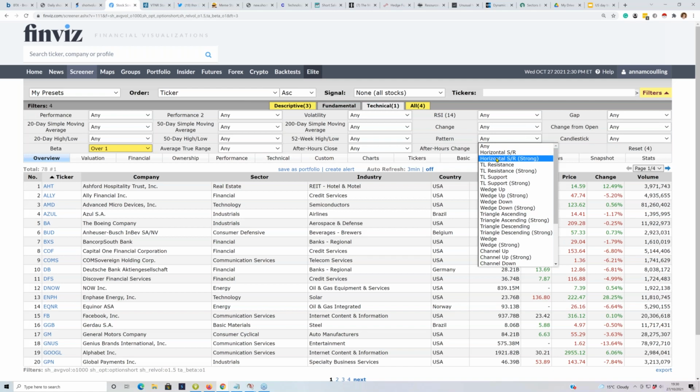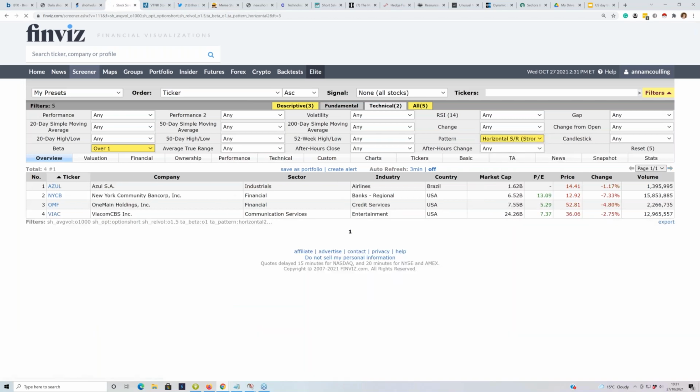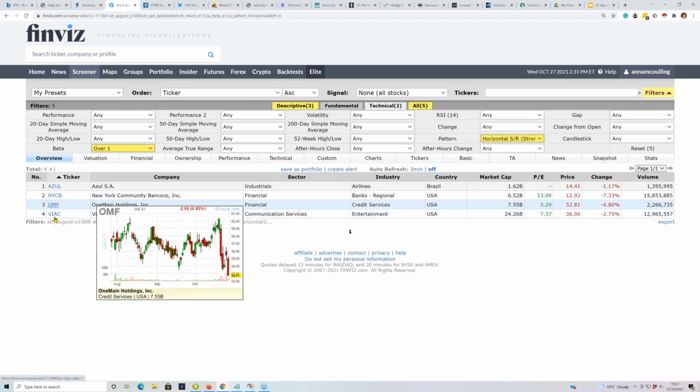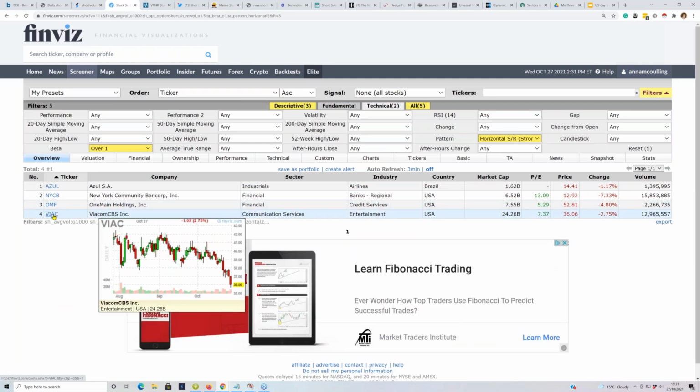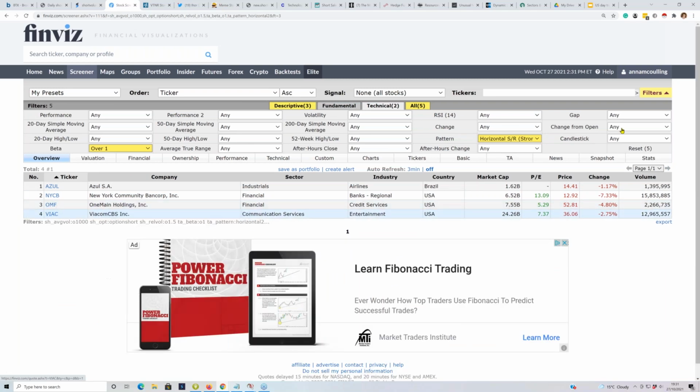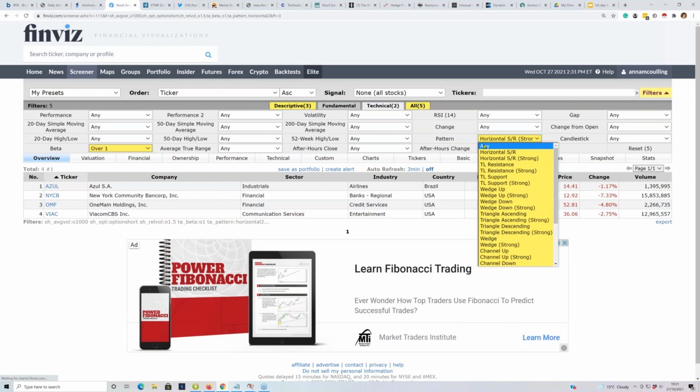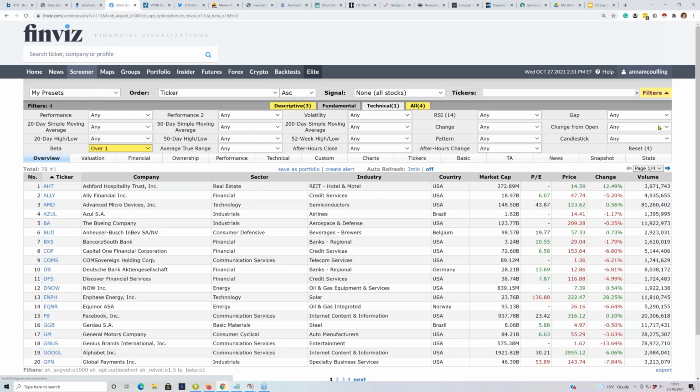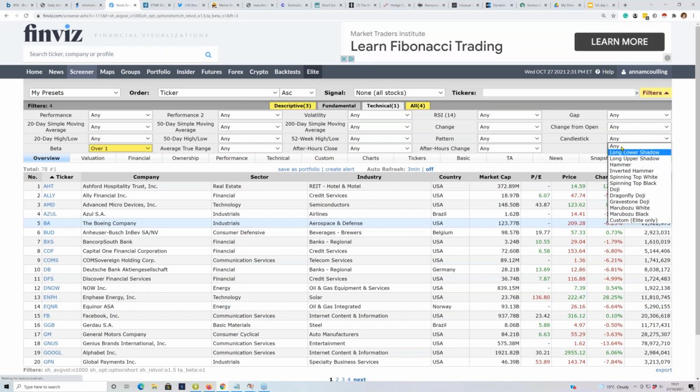Because support and resistance is such a huge part of VPA, and we tend to use just horizontal support and resistance, volume and price based, if you click on that, you will get a different set of charts, as it were.